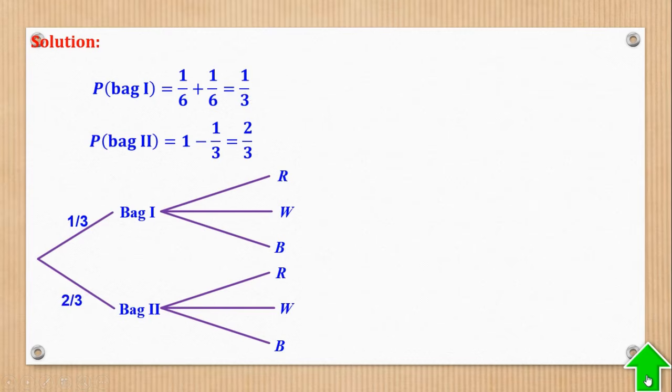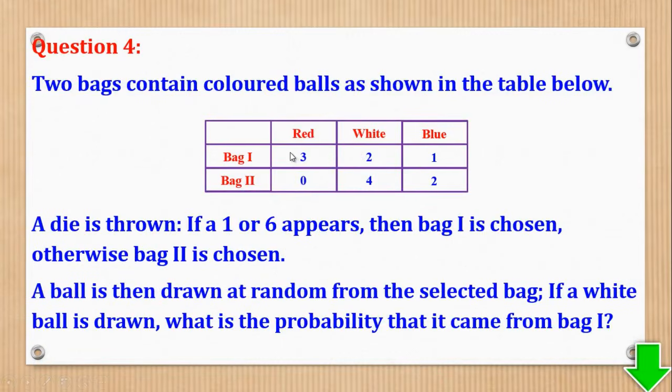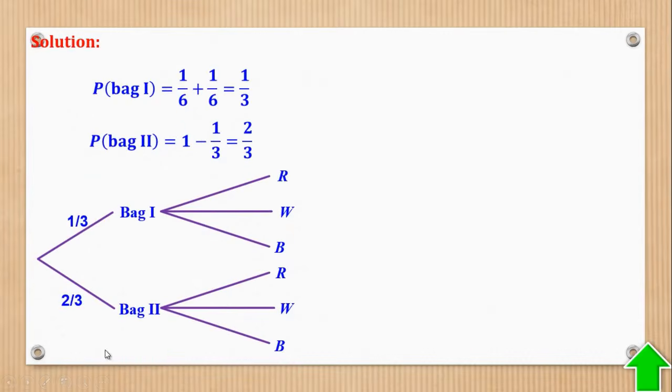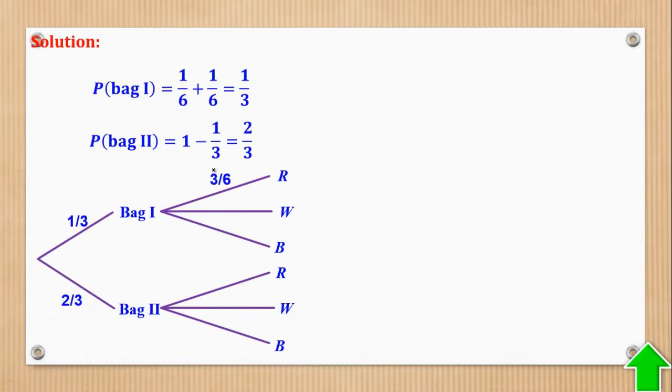Now when I choose bag 1, remember bag 1 has 3 red, 2 white and 1 blue. Total is 6. Therefore, for red it will be 3 over 6, for white 2 over 6, and for blue 1 over 6. What about bag 2?